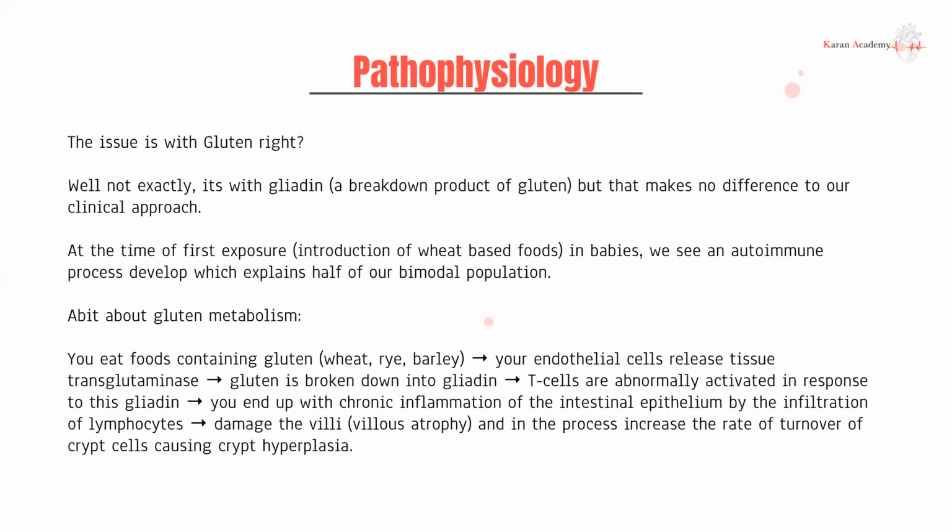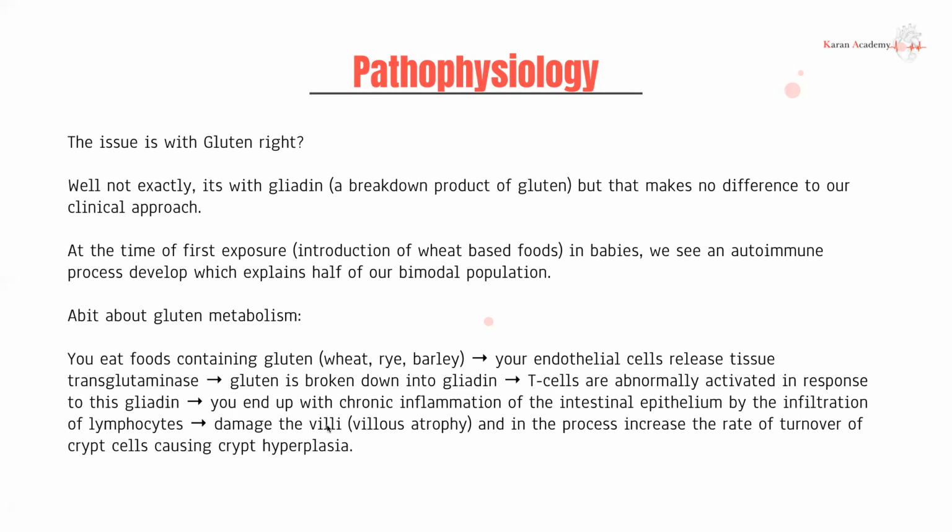In celiac disease, what happens is that your T cells are abnormally activated because of this gliadin, and therefore they start producing antibodies to your tissue transglutaminase. And because the tissue transglutaminase is produced in the intestinal epithelium, you end up with chronic inflammation of the intestinal epithelium. This is often because of the infiltration of lymphocytes.